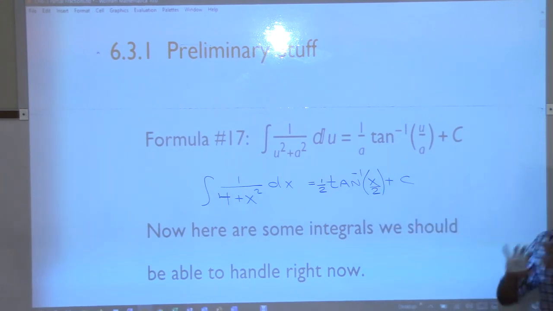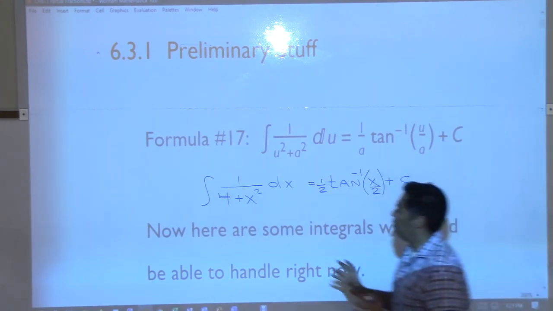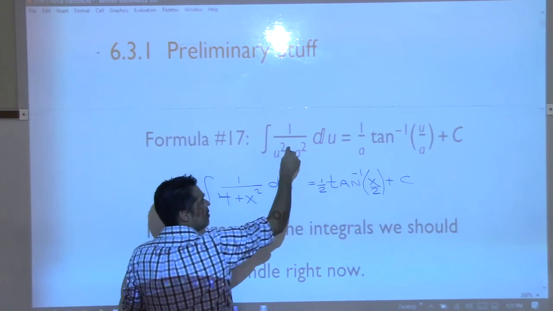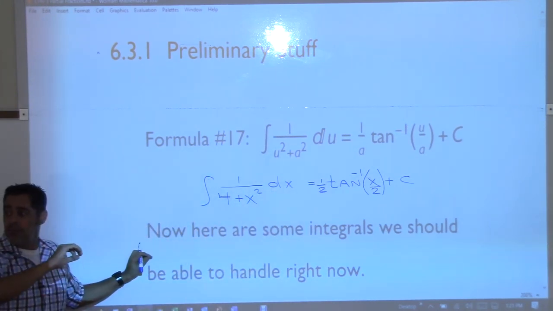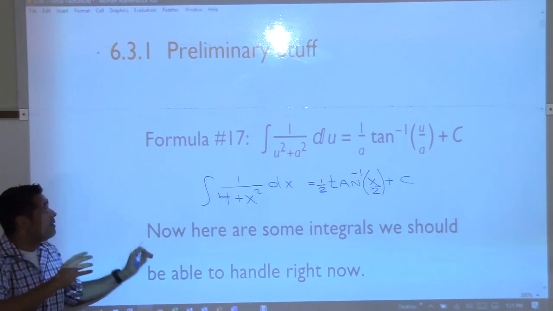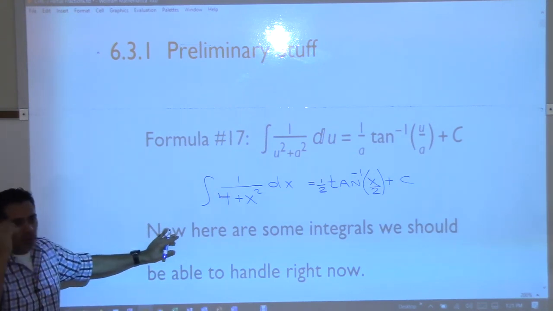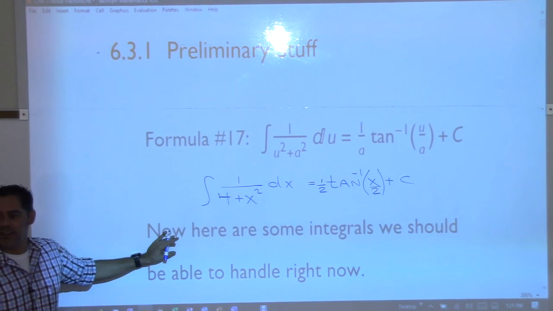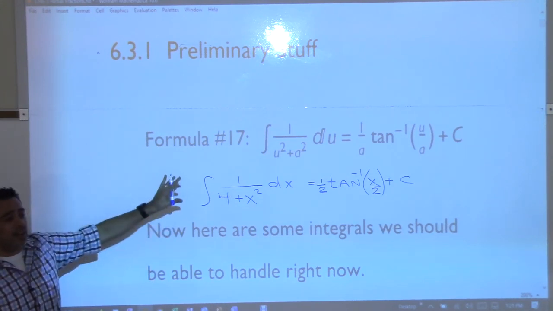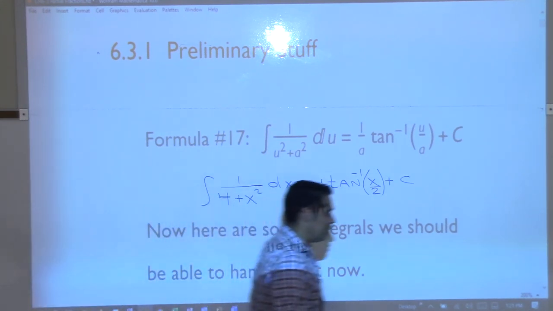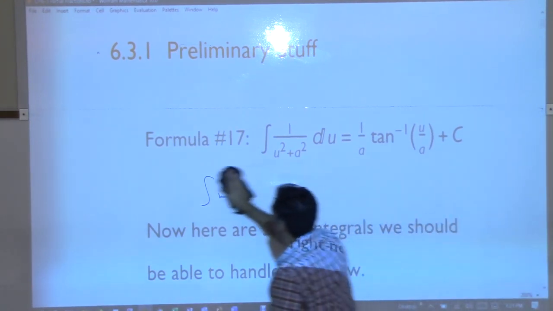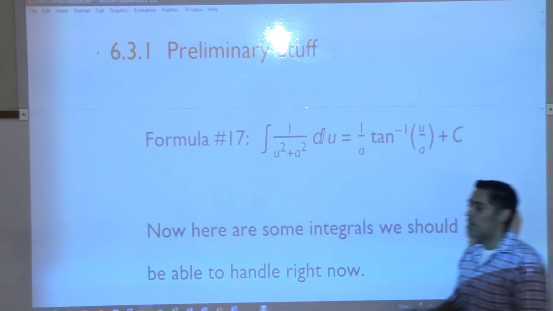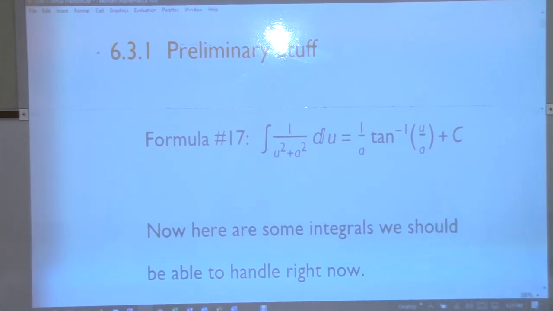So the main idea here is this: if we have anything of this form, we can go straight to the formula. If we're working through a problem later on and we ever see something like that, we're going to be like, okay, good, Formula 17. Now, it's going to take work to get there, but if we see it, we're going to be relieved, yes?